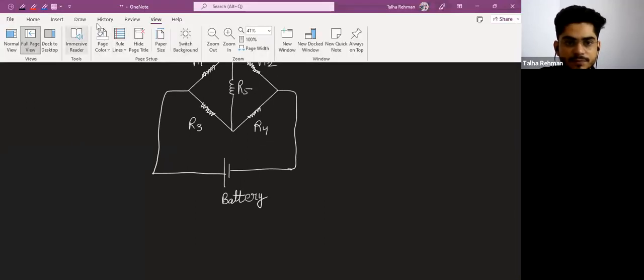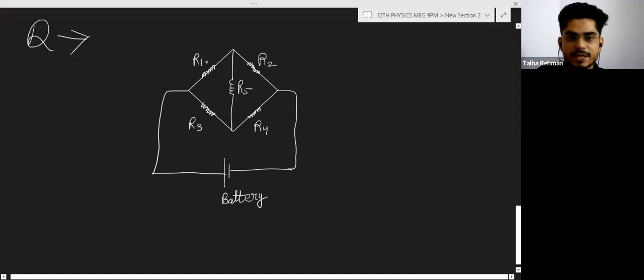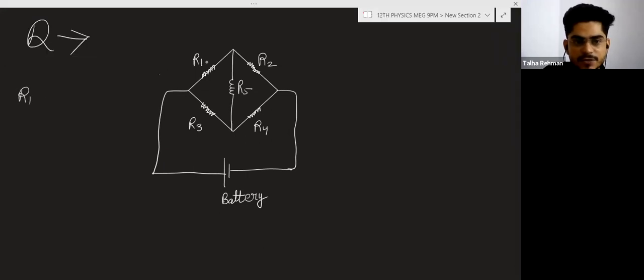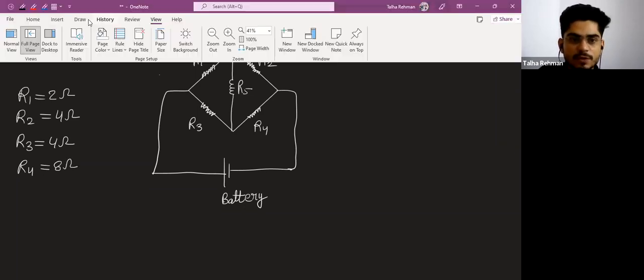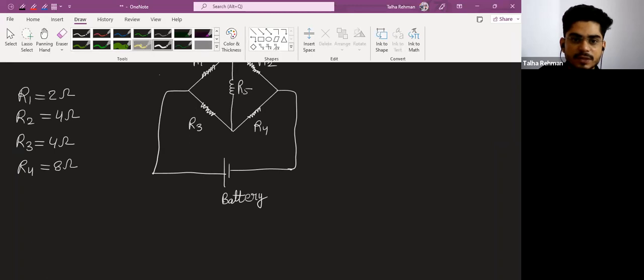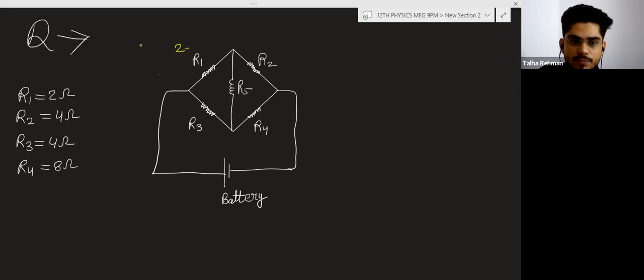They are saying R1 is equal to 2 ohm, R2 is equal to 4 ohm, R3 is equal to 4 ohm, and R4 is equal to 8 ohm. So the value of this R1 we will write here: R1 is 2 ohm.